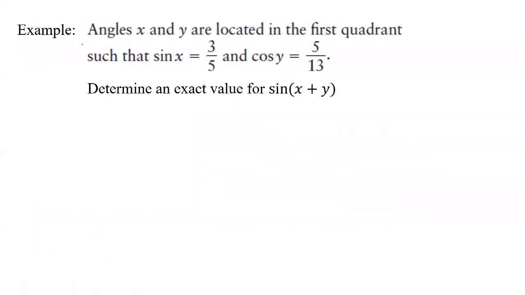All right, so let's see an example. Angles x and y are located in the first quadrant such that sine x is 3/5 and cosine y is 5/13. Determine an exact value for sine of x plus y. Okay, I'll give you 3 minutes to think about this question.